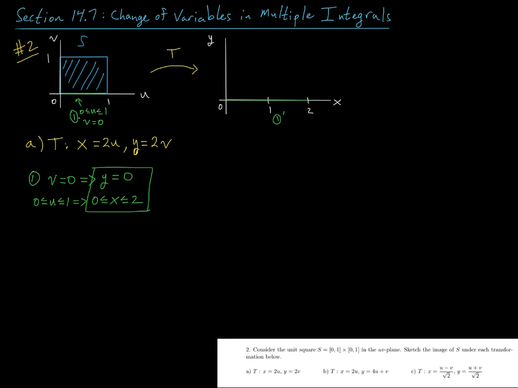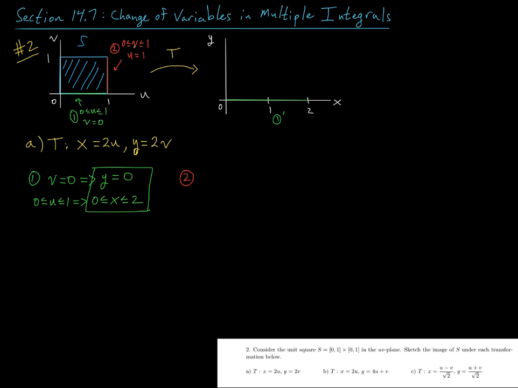Okay, and I'll label this bottom edge 1 here for S, and its image is 1 prime. And what we're seeing here is that this transformation T is just dilating this unit interval along the u-axis by a factor of 2 to give us this interval here along the x-axis. All right, so now let's look at this edge in red.